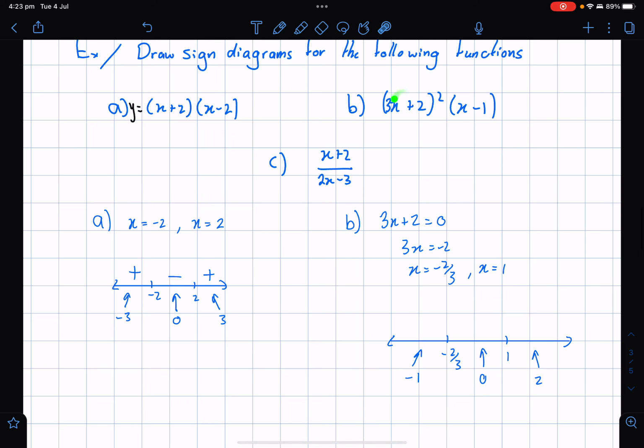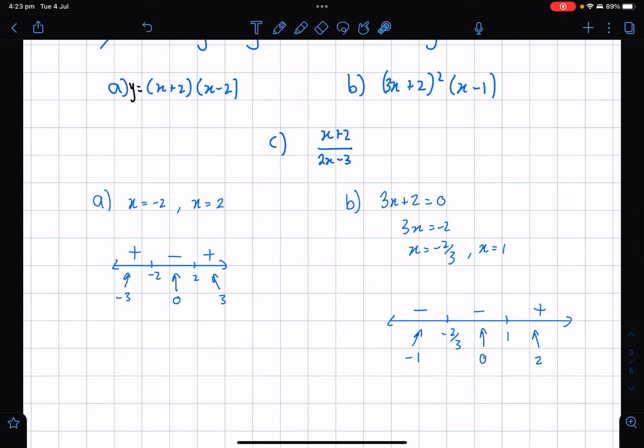If I put -1 in here, I get (-1) squared, which is positive, and then -1 take 1 is negative, so I get a negative. If I put 0, I get a positive, I get a negative, that is also a negative. If I put 2, positive, positive, that means I get a positive. And we know these are going to be the same sign because it touches at this point.